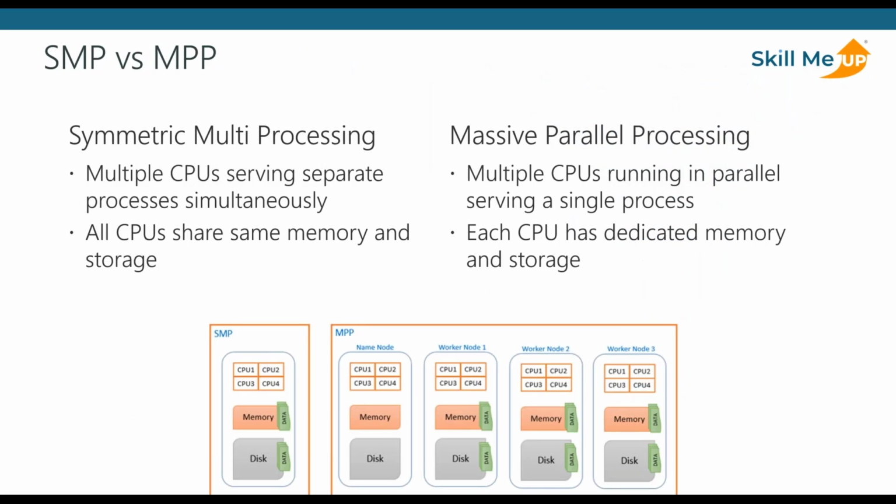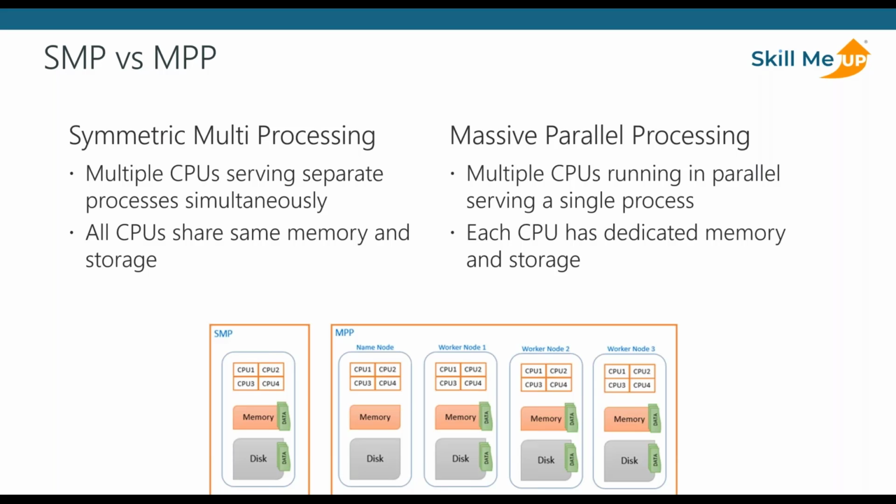But just for a quick overview, when we start talking about SMP versus MPP, in an SMP standpoint, we're using a bunch of CPUs, and we're sharing all that same memory and disk to run those workloads. But then when we spread out those analytical jobs across multiple nodes, it gives us that much more capability to be able to spread the load and process that much more data that much more quickly.